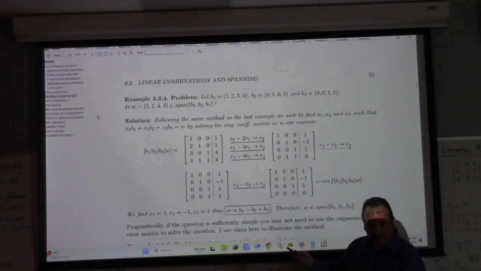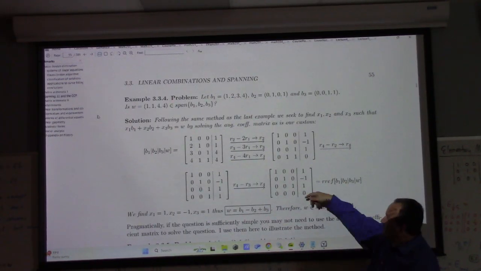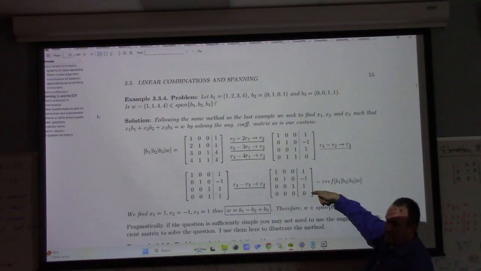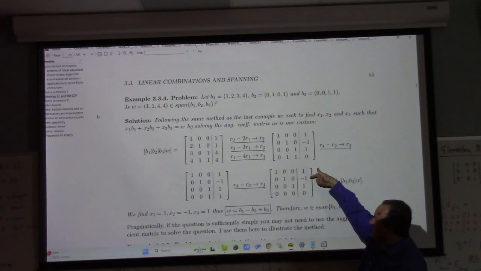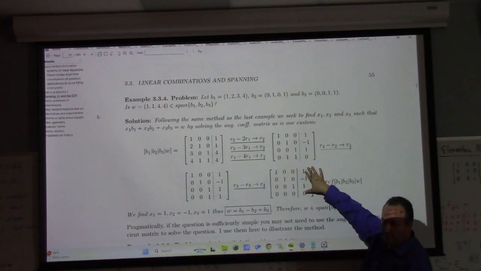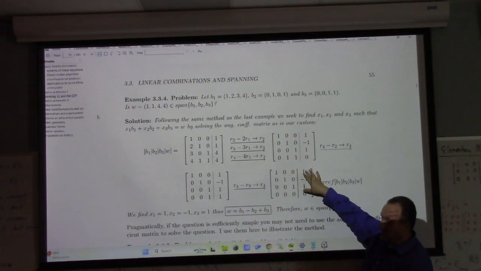But the other way of thinking about it is the column correspondence property, which is I can see directly from this that it's first column minus the second column plus the third column to get me the fourth column, which answers the question as such.